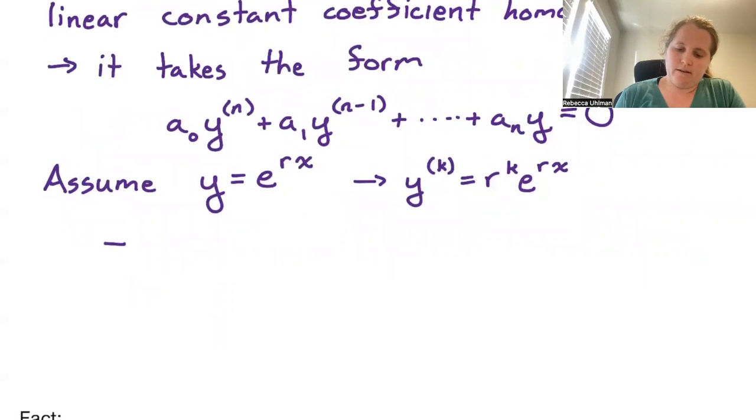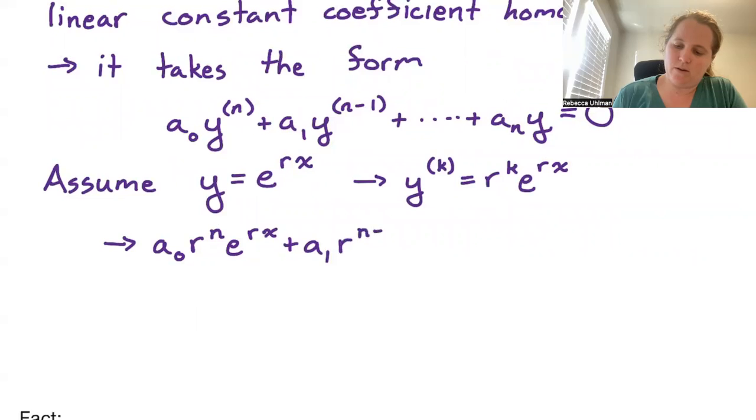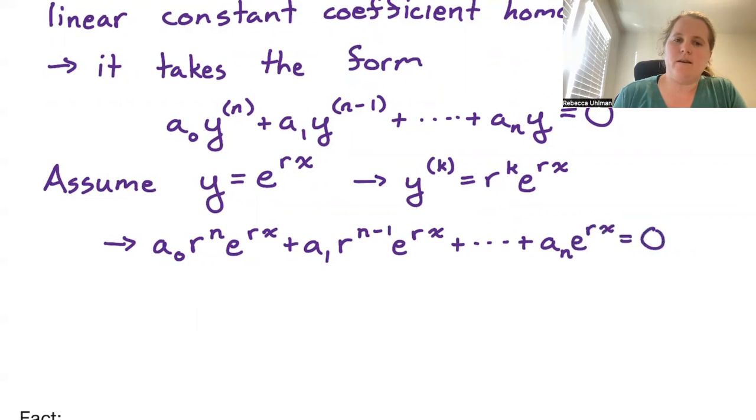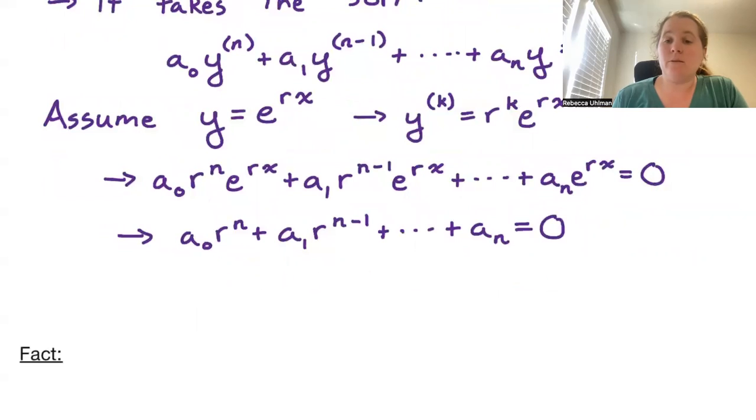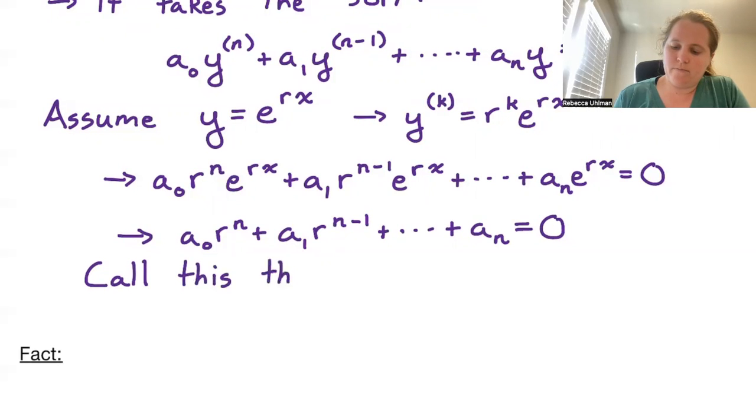And so we are looking at a naught times r to the n times e to the rx plus a1 times r to the n minus 1 times e to the rx plus all the way down to a sub n e to the rx equals 0. And this means that a naught r to the n plus a1 r to the n minus 1 plus all the way down to plus a sub n must equal 0. And so again, we have our characteristic equation. So we once again call this the characteristic equation.